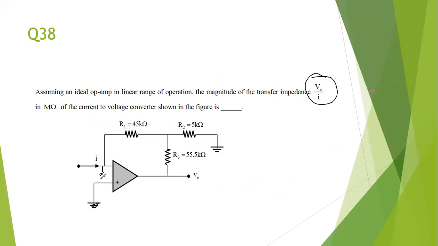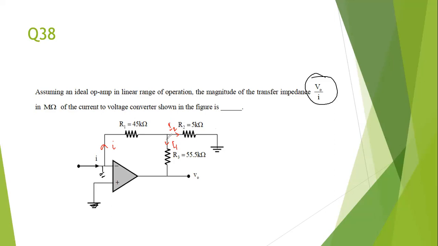So this is also ground, by using the virtual ground concept, V plus equal to V minus. Whatever the current I is, this current flows through these circuits. Let's say this current is I1 and this current is I2.